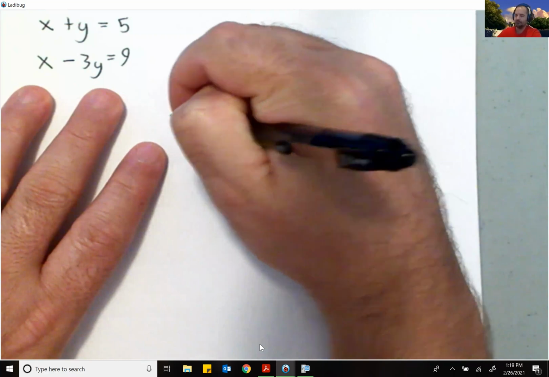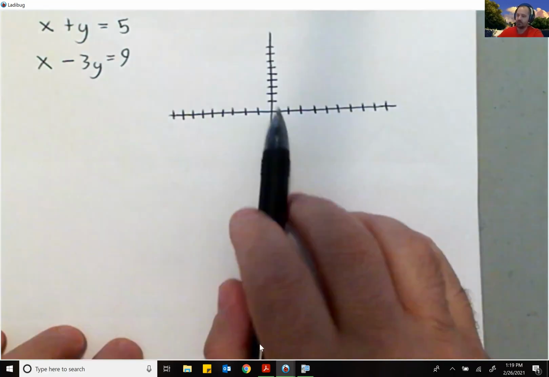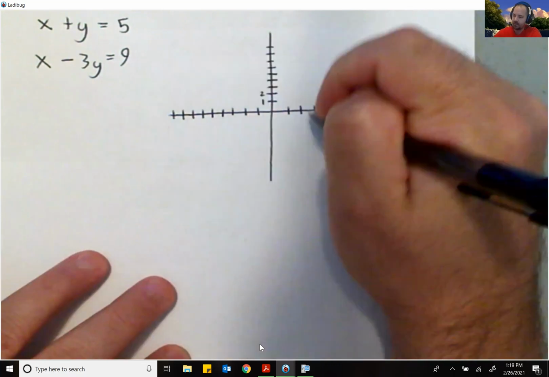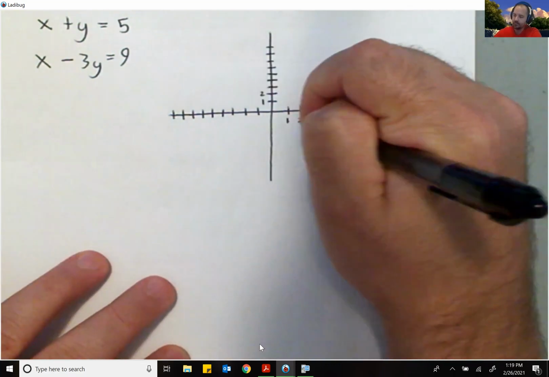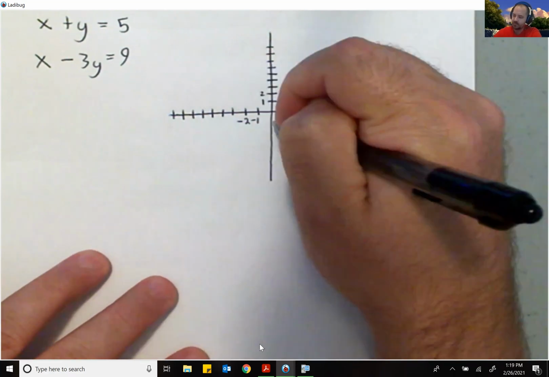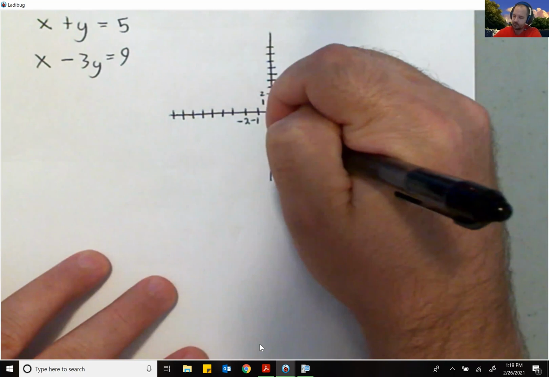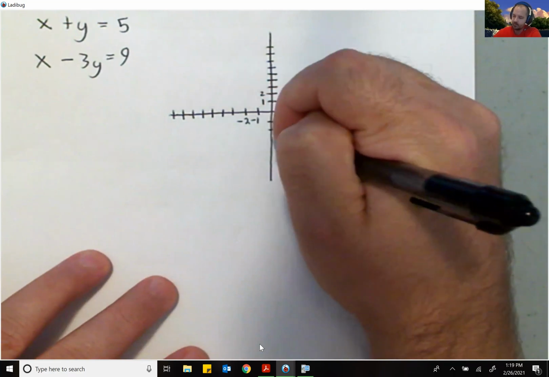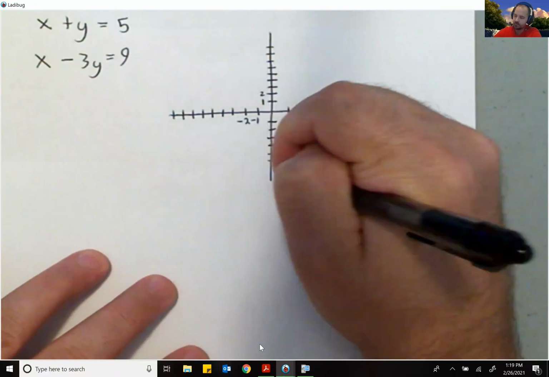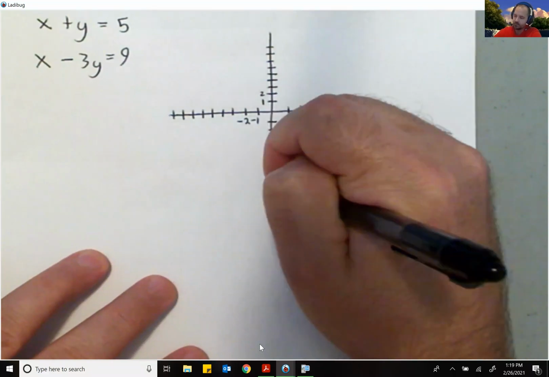I'm doing a 9 by 9. There are 9 marks here, 9 on each side. And I'm counting by ones. Your graph will be counting by ones because it's already set up. 8, 9.